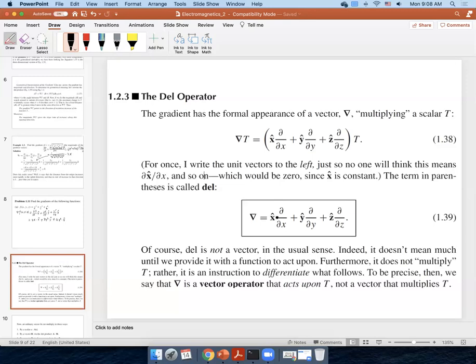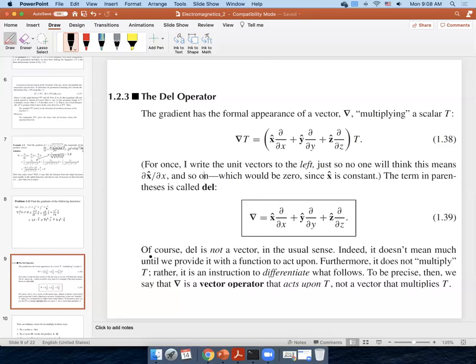So it writes the unit vectors x, y and z on the left of the operation. But they're the same thing. No matter whether you write it on the left or right, it's the same thing. But sometimes if you write it on the right, it might be a little bit misleading.